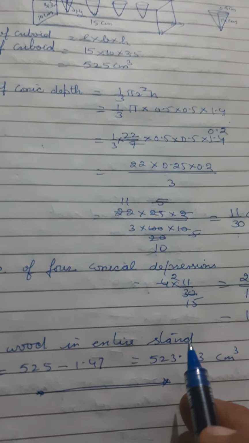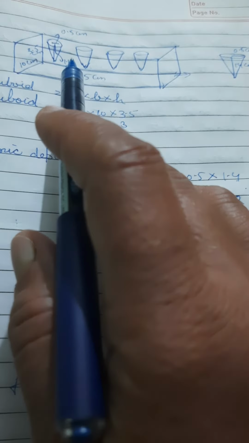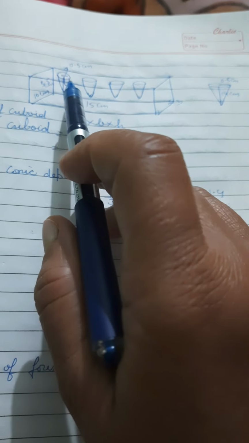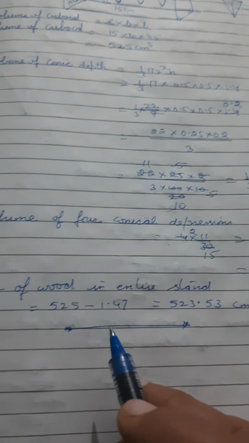Now we are to find the volume of wood. Now we will subtract the volume of these 4 cones, 1 2 3 4 cones, from the volume of the cuboid.